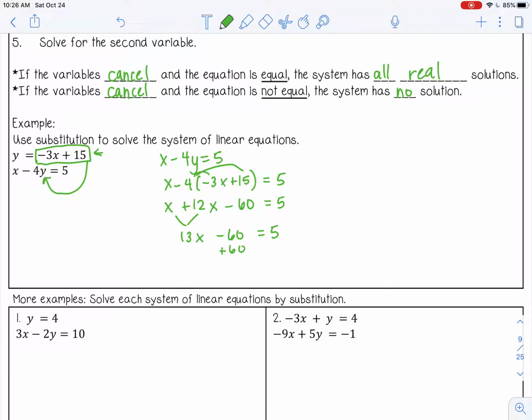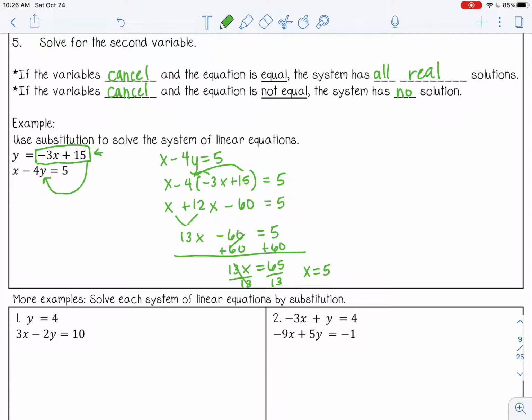Then I'll add 60 to both sides. Divide by 13 on both sides. 65 divided by 13, that's 5. So x is 5.